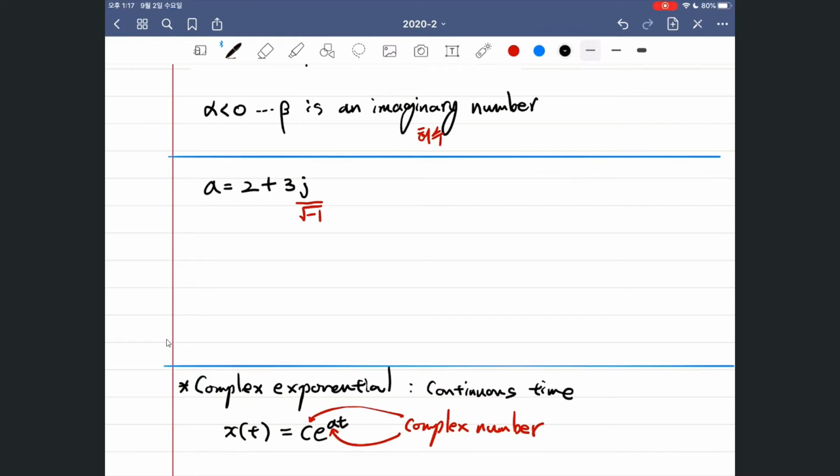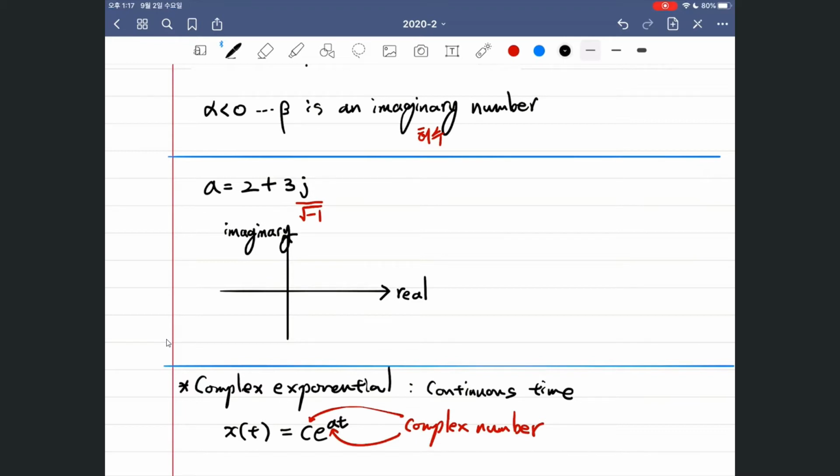And when you express this complex number, you have to draw the xy plane where the x-axis is the real axis, and the imaginary number is the y-axis.